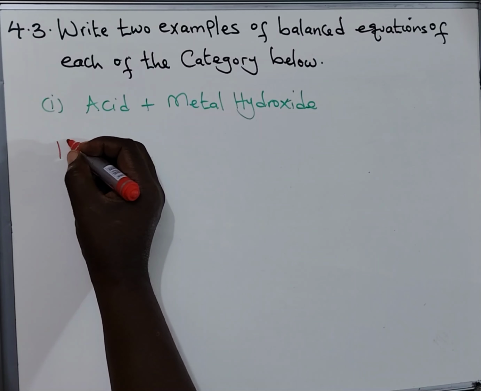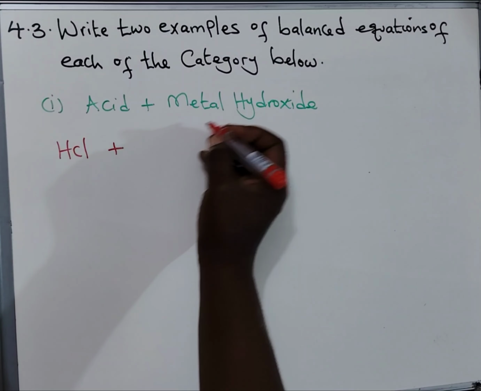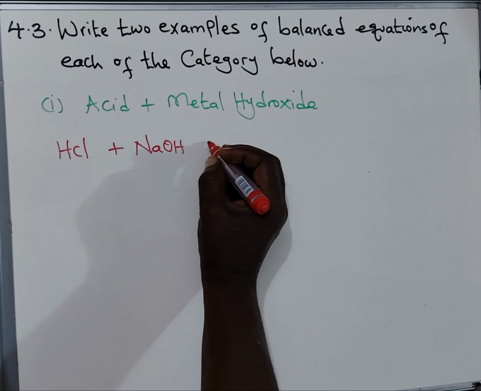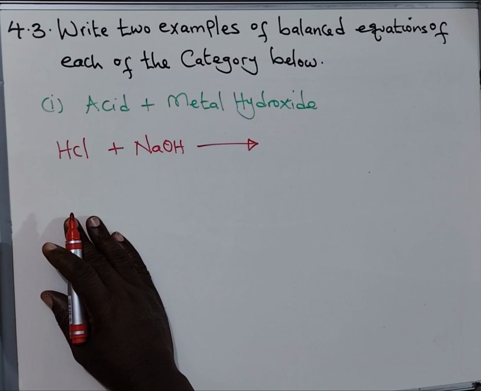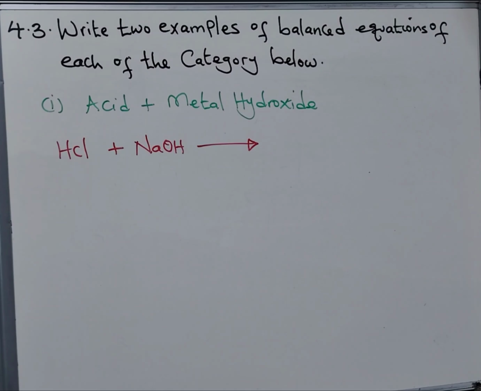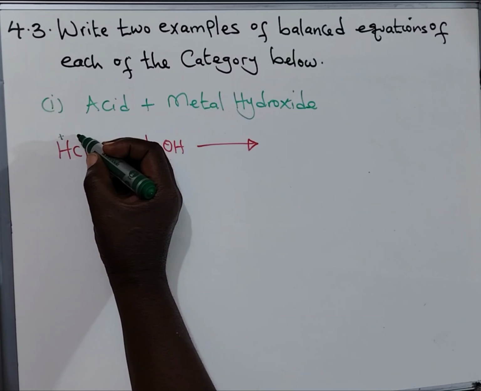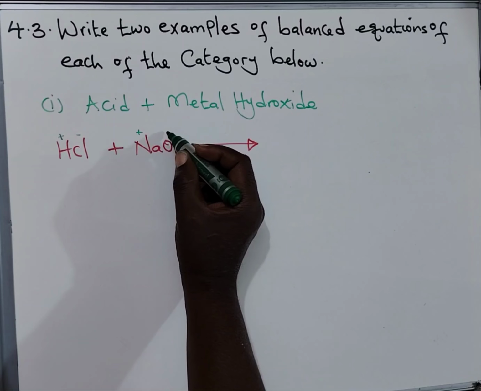The acid, we can take HCl. The metal hydroxide, we can say sodium hydroxide. And what do you get from this reaction? I need to remind you that what we normally do, you separate this. This is positive, this is negative. This is positive, this is negative.